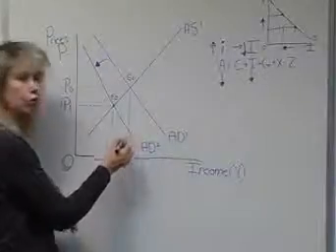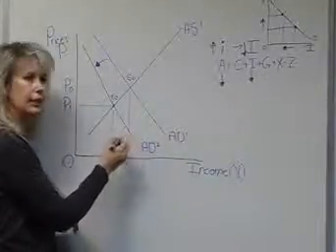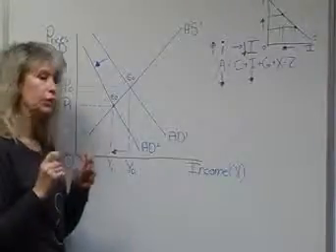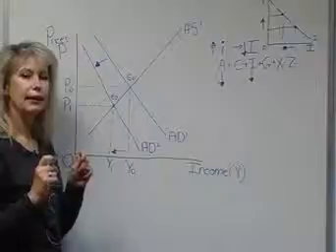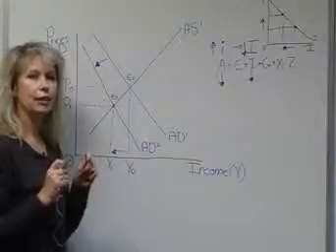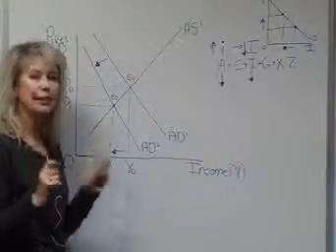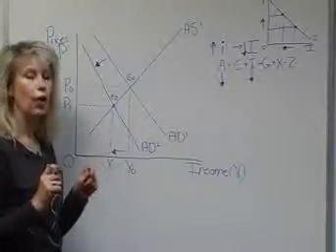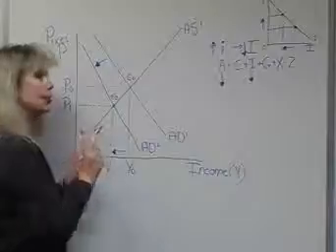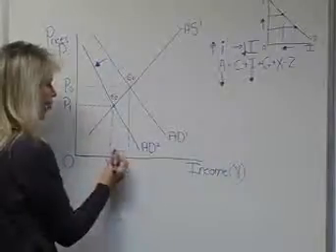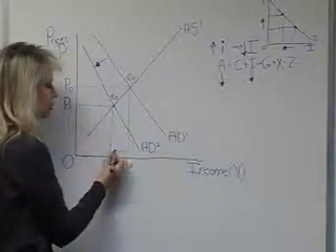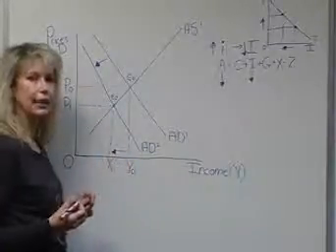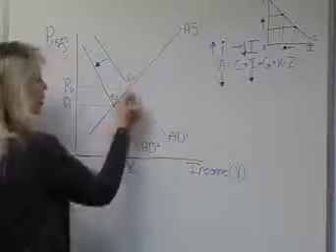When aggregate demand decreases, producers are going to find that their inventories are increasing. People are not buying the stuff that they have been producing. So therefore, they are going to decrease production, and that is going to lead to a decrease in income. So that is why the income level is going to decrease.